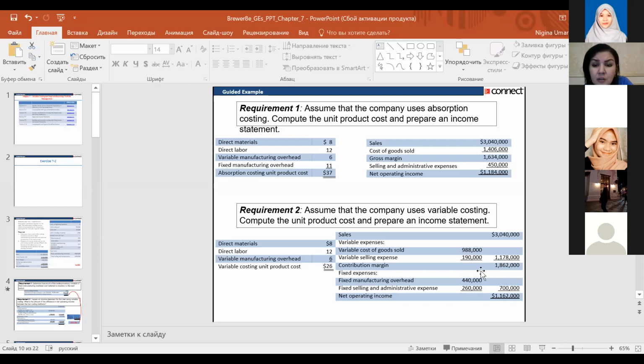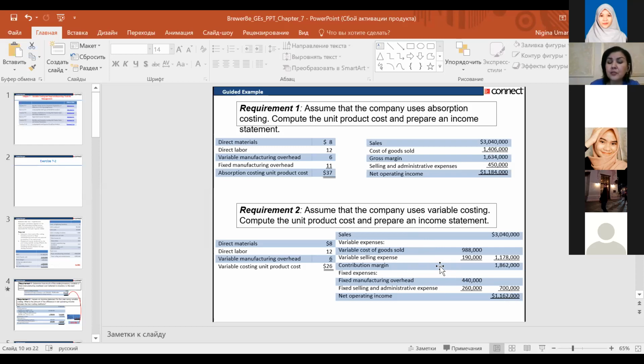If the contribution margin is less than fixed costs, then the company must sell more units. It should increase sales revenue to cover fixed costs and to have some income. That's why the contribution format income statement prepared on the variable costing system is more useful for managers, and it is used by managers for internal use.